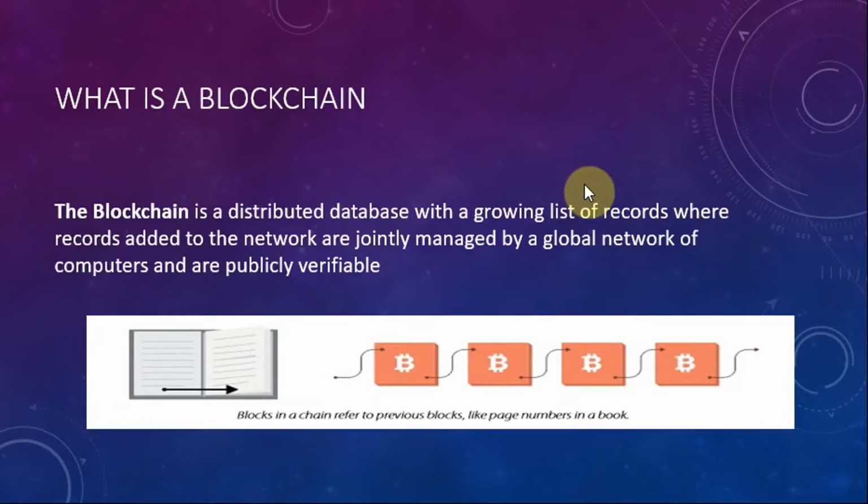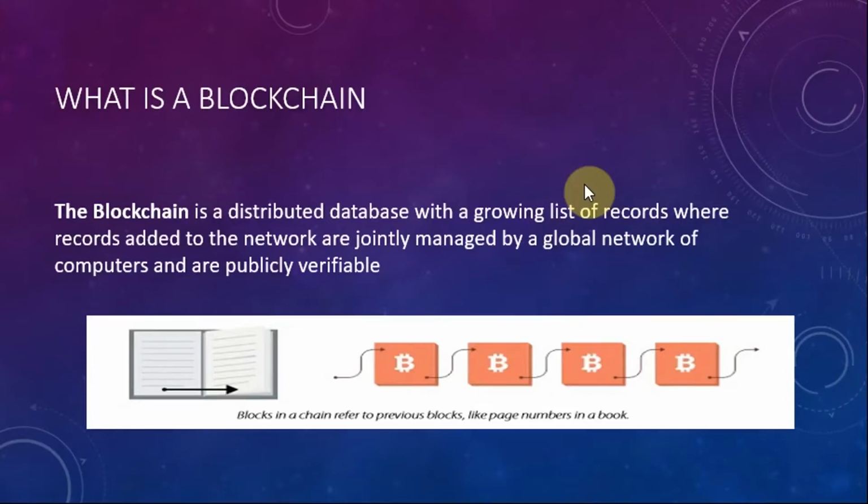But this database is not centrally located on one computer somewhere in the world. Rather, this database is distributed and is jointly managed by different computers scattered all around the world. So the blockchain is a database that is not managed by one server or one computer.